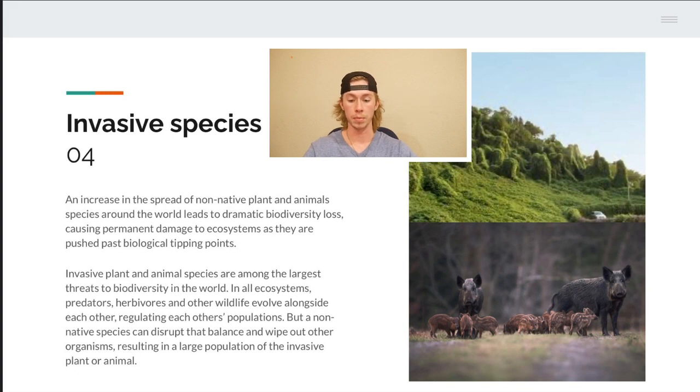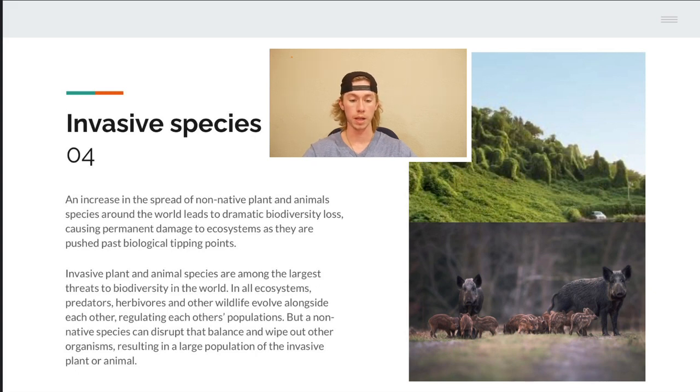This is a big problem because there's no native species that eat or destroy or keep the kudzu's growth in check, and when it's left unchecked, it causes massive destruction.